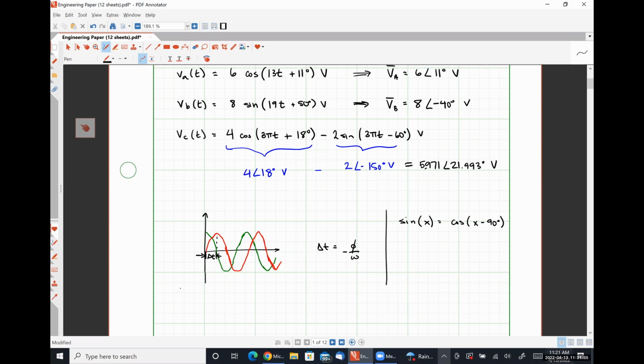To go from the phasor back, we use the magnitude of the phasor as the magnitude of our cosine function, and the phase angle of the phasor is the same phase angle as our cosine function. Then we need to know what omega is in order to put that in. That has to be given to us. It cannot be in any way, shape, or form inferred from the phasor itself.